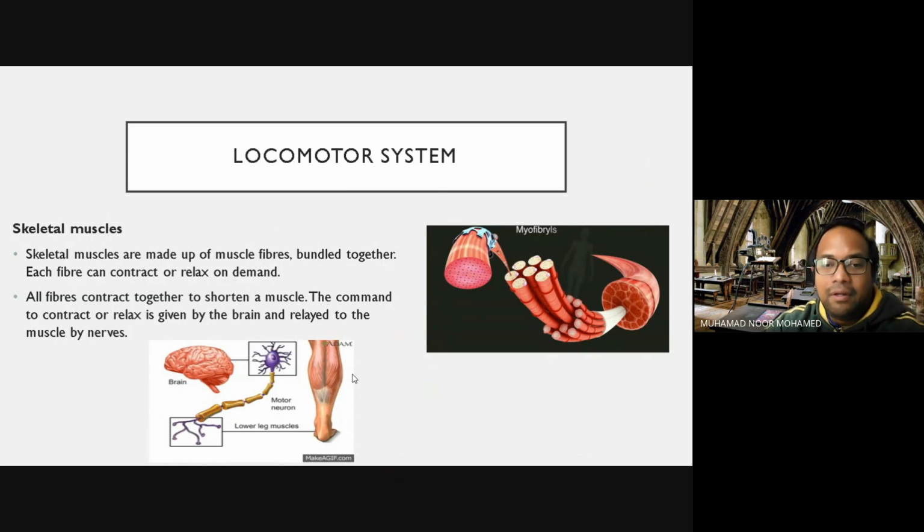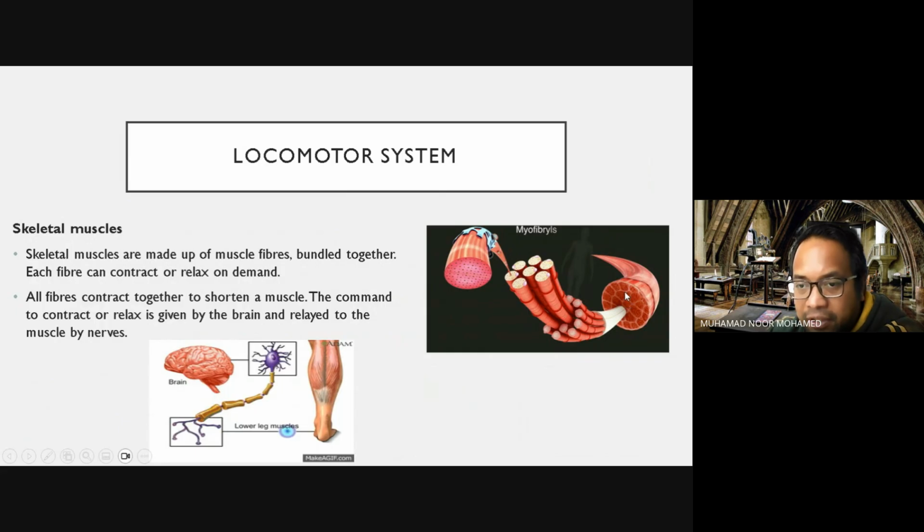So regardless of the type of the muscle, either it is a skeletal muscle, smooth muscle, or maybe the cardiac muscles, skeletal muscles are made up of fibers. Okay, if you take a look here, this is what we call as a group of muscle. So within the group of muscle, we have a smaller group where we are going to name it as fascicle.